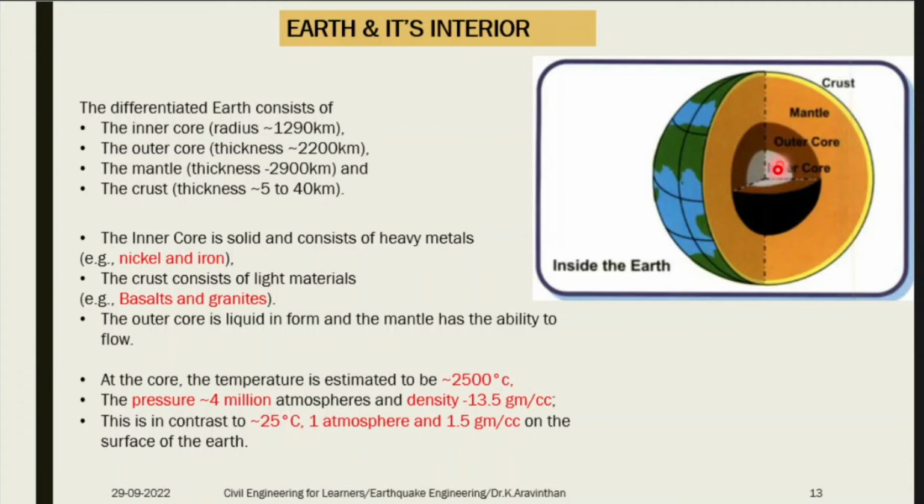So this heat, and you have to understand that these are all in a molten state. We are standing on a liquid state of earth. Above that, the crust is the only part which is solid. So the rest of the parts are all liquid. Up to this part, this is also mantle. So this mantle consists of semi-solid parts, and this is purely liquid, and these are all semi-solid parts.